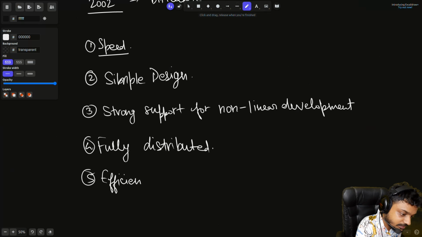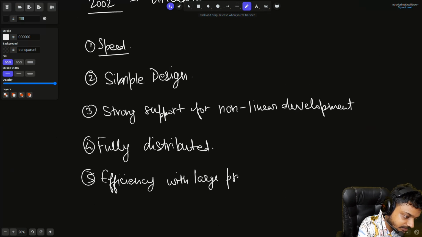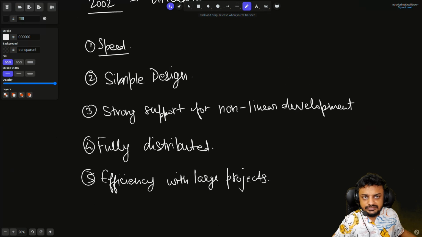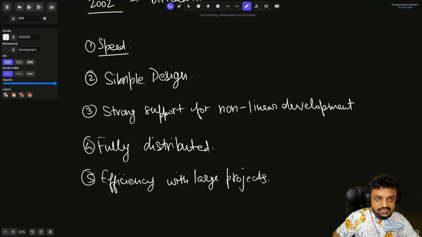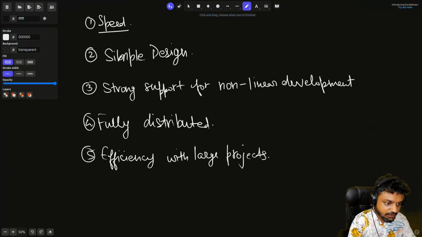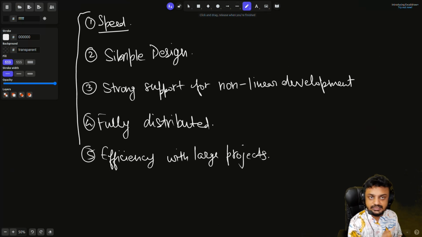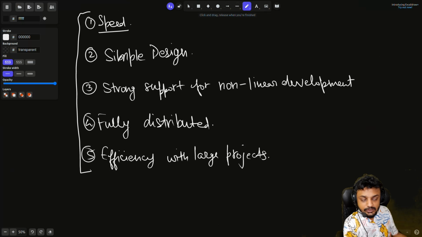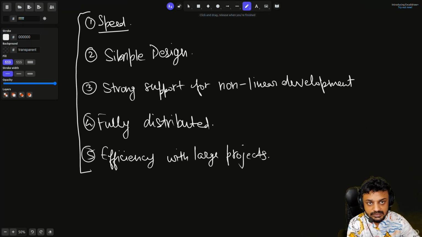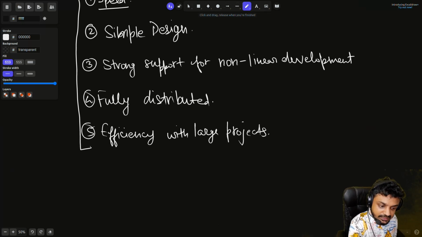So they wanted all of these things. Since Linus Torvalds was working on this and wanted all of these things in the new distributed version control system, that is when Git was born.